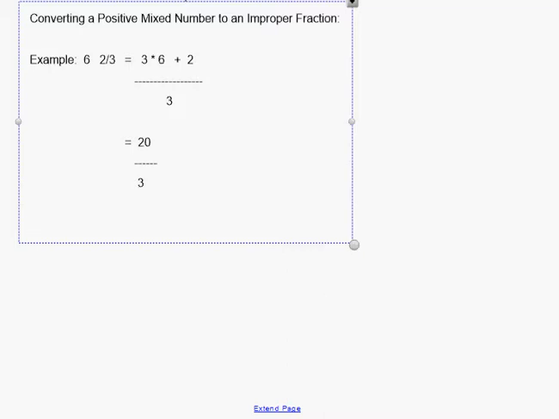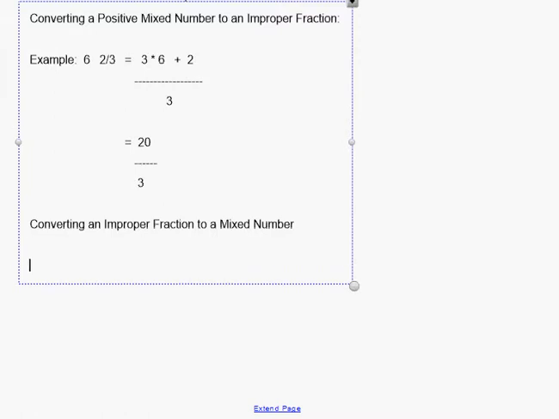Now, suppose we're converting an improper fraction to a mixed number. Let's take a look at an example.